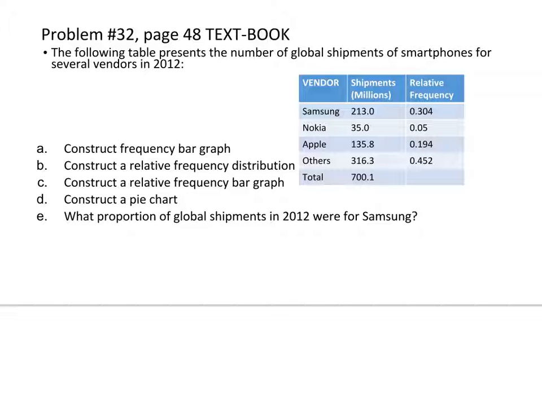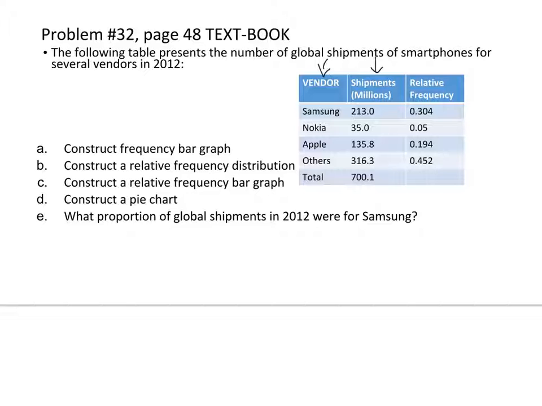So what you see in the book was the vendor. This is the category, the vendor is a label, obviously, so it's a qualitative variable. And the shipments essentially are the frequency of shipments, and they're in millions.